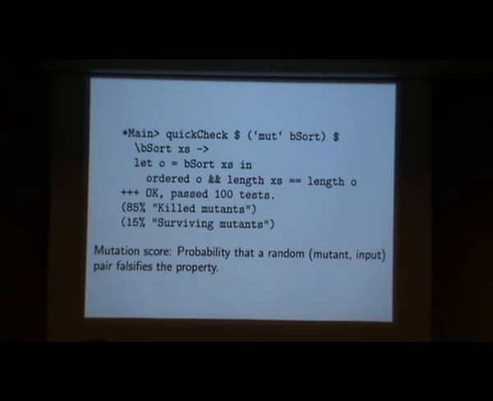The definition of this mutation score is that it's the probability that a random mutant input pair falsifies the property, because it has 100 mutants and it tests them on the same test cases that it tested the original function.